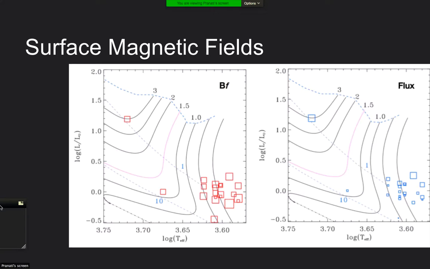The magnetic fields are modeled this way, and over here the x-axis represents the magnitude, and the y-axis represents stellar luminosity. What the boxes represent, I'm not exactly sure, but I think they represent different particular stars.